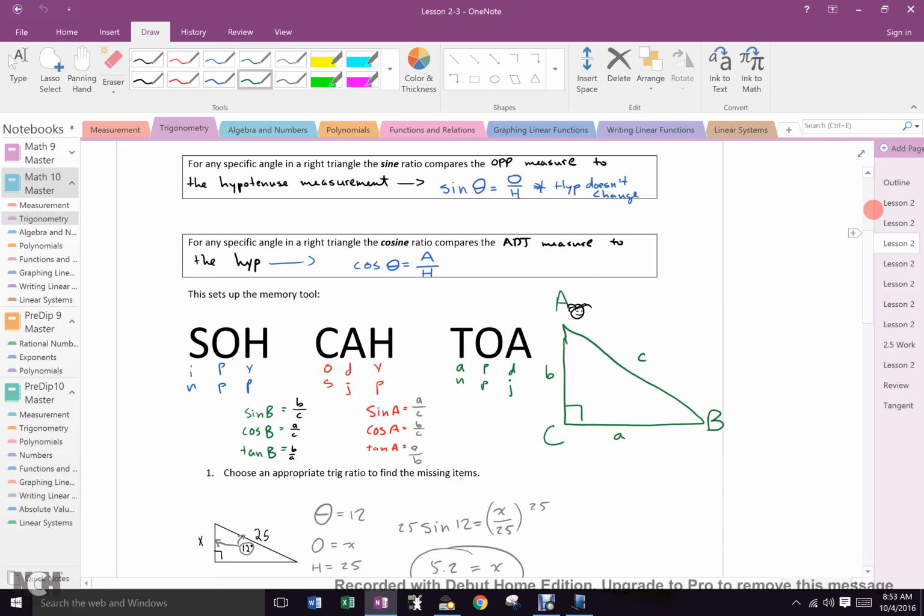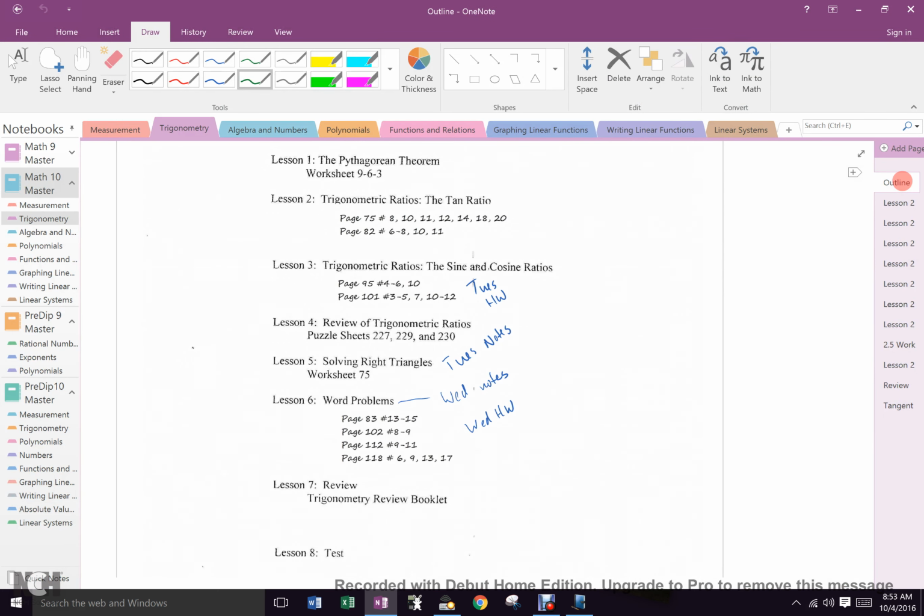So I'm going to... No. I want you guys working on... I just want to double check something before I officially say this is what I want you doing, lesson 3. Because that hasn't been assigned to you yet. I just got to double check something in your textbook and make sure that all those questions work with your knowledge base right now. 4, 5, 6, that's cool. 10, that's cool.